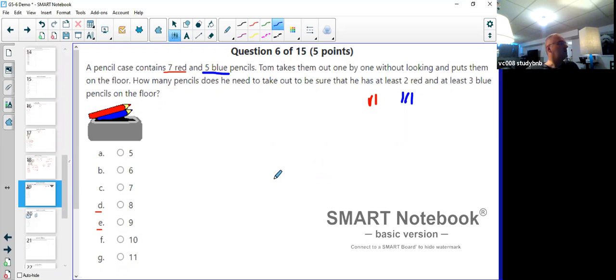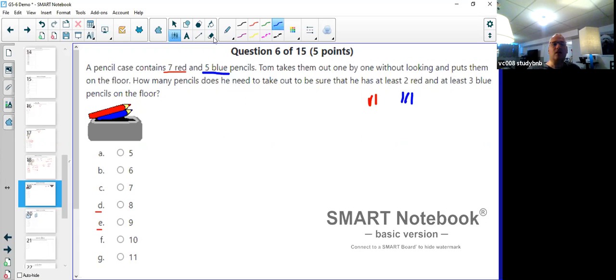Mia says F. So did Evan. Right. The worst case is I could get all of one color, right? Okay, well, let's say we get 5 blues.